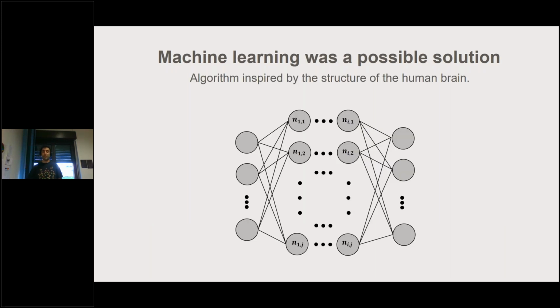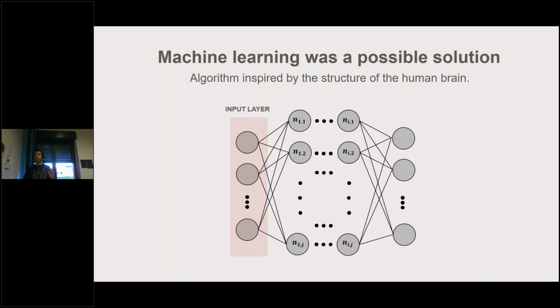So first, we had to understand how machine learning works. And in particular, our algorithm of interest, deeply connected neural networks. This is an algorithm which is inspired by the structure of the human brain. We have a series of layers, and each layer is made of a given number of neurons. All the neurons in one layer are connected to all the neurons in the next one and in the previous one.